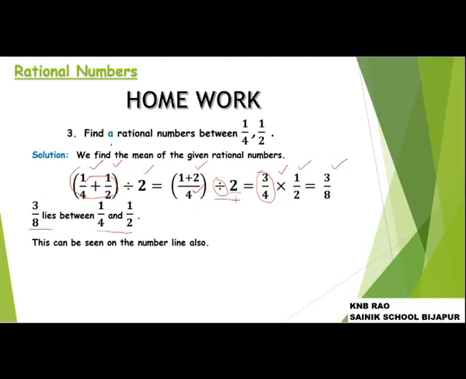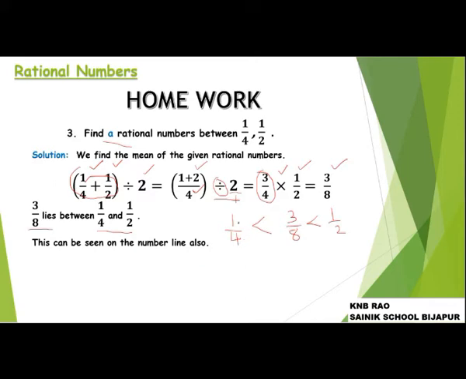So I found a rational number between them. So how can we write? 1/4 is less than 3/8, which is less than 1/2. It shows that 3/8 lies between 1/4 and 1/2.